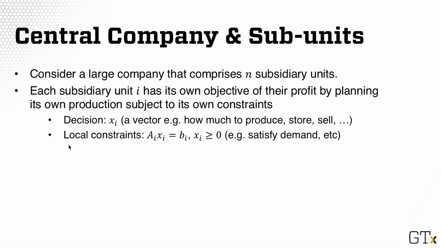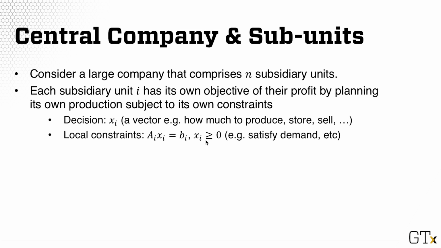Also, this subunit has its own local constraints. We write it in the most general form as standard form linear constraints: A_i x_i equals b_i. A_i is a matrix, x_i is the decision vector variable, b_i is the right-hand side vector, and x_i is non-negative.